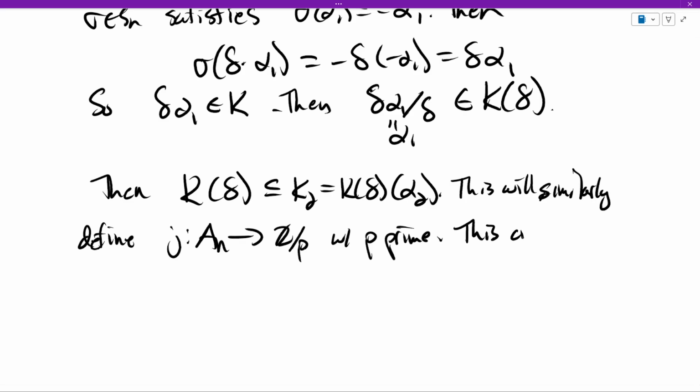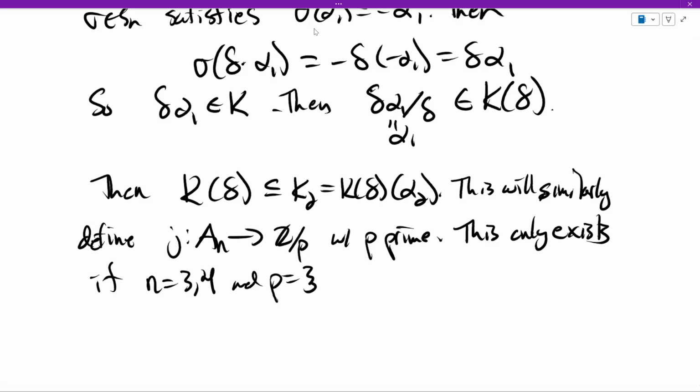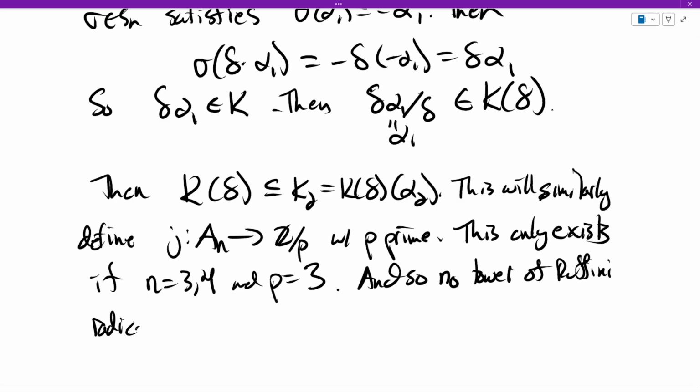This will only exist if n is equal to 3 or 4, and p is 3. In particular, we will not be able to come up with this homomorphism if n is 5 or more. So there's no tower of Ruffini radicals when n is bigger than or equal to 5.